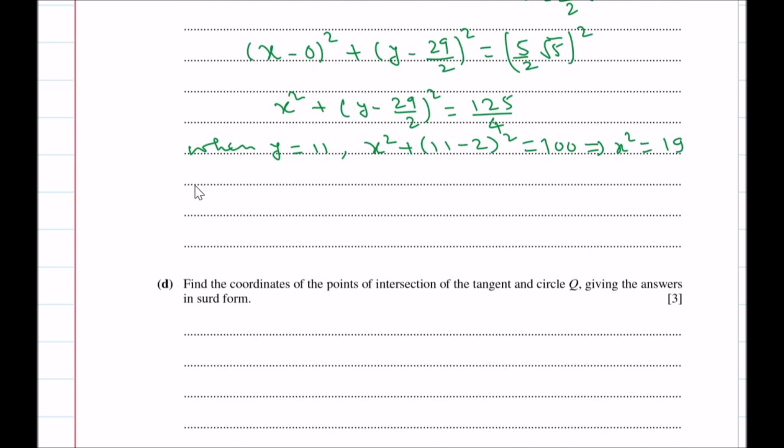Okay. Now let us put it in the circle equation Q. So y equal to 11 again. So this time x square plus y minus, it is 11 minus 29 by 2 whole square, that is equal to 125 by 4.